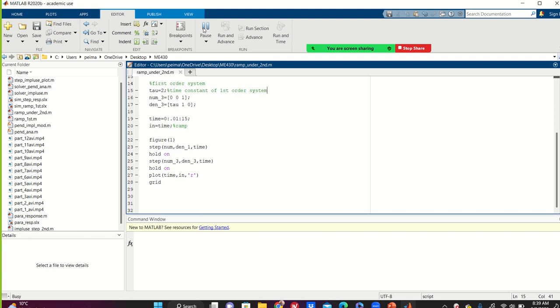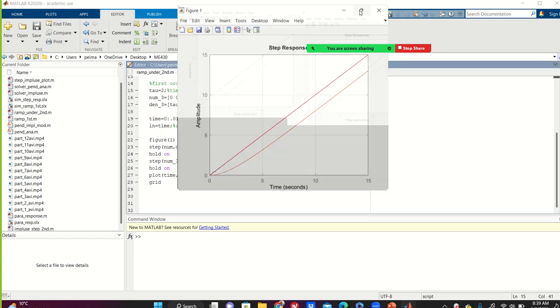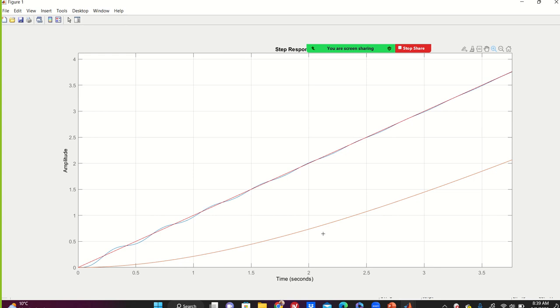Okay, so if I do this, here we go. You see that if I zoom this in, this is the first order system. There is no oscillation, remember? But for the underdamped system, there is oscillation that settles down eventually, but has the steady state error signal.